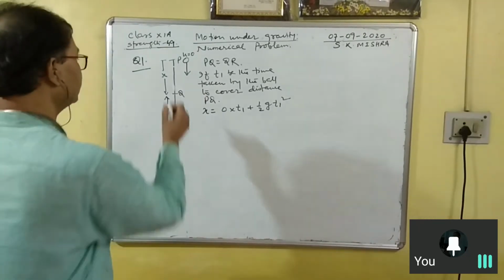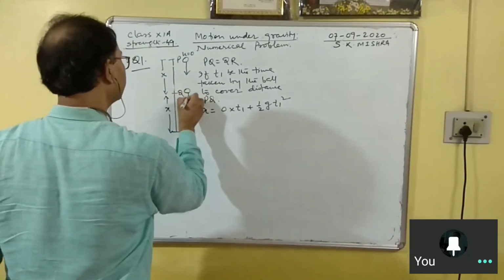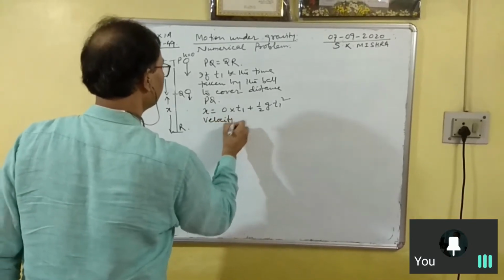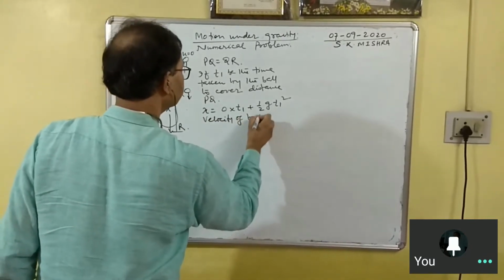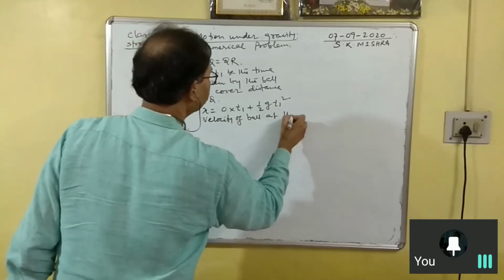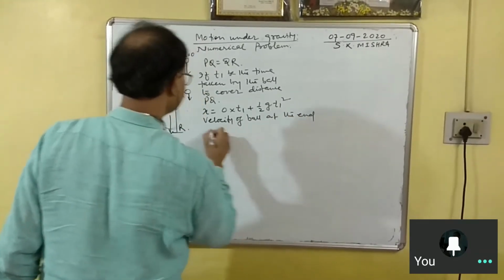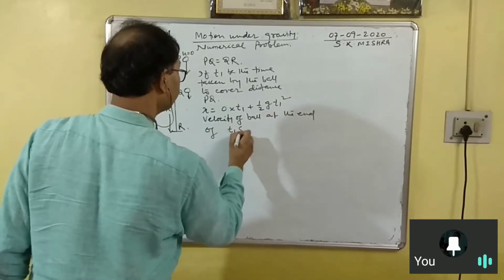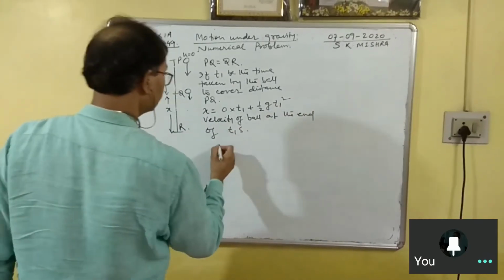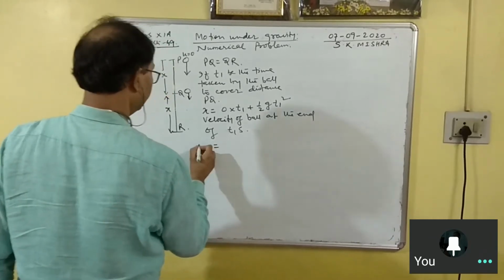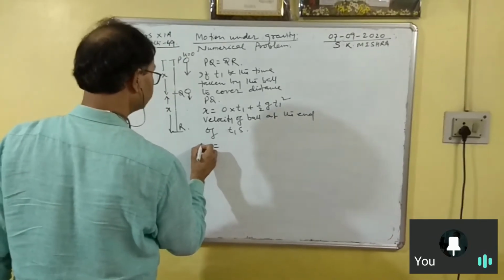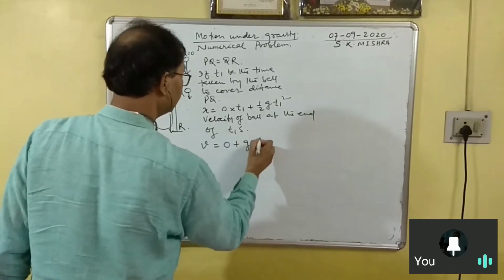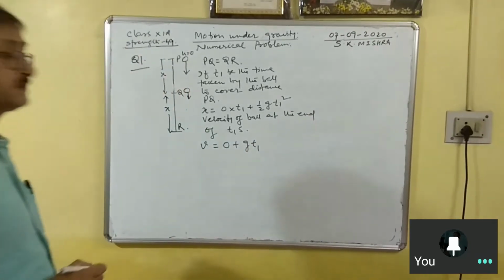So when the ball reaches this point, the velocity of the ball at the end of T1 second, suppose V, is V equal to u plus at, where t is T1 only, so V equals g T1.